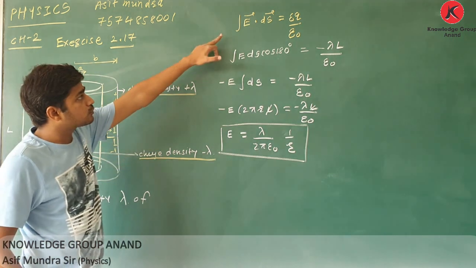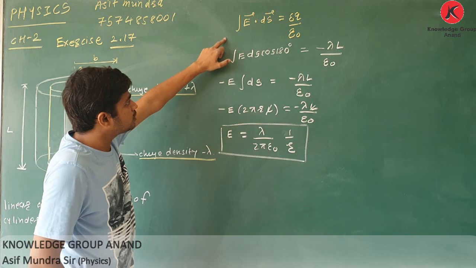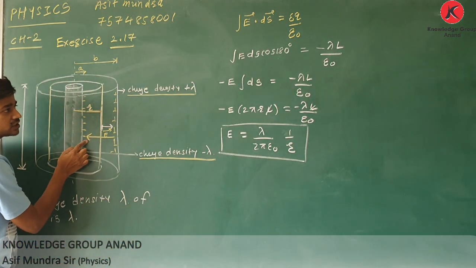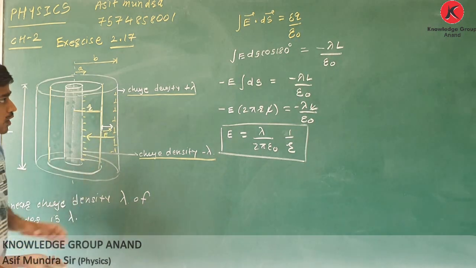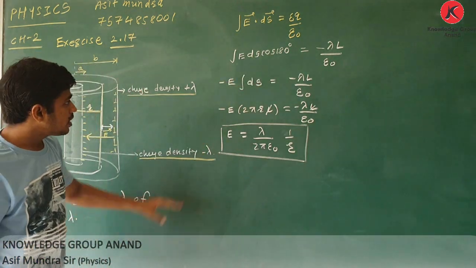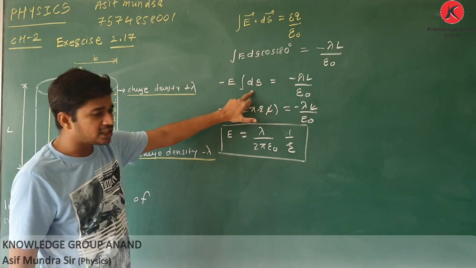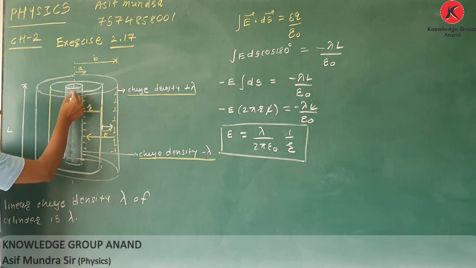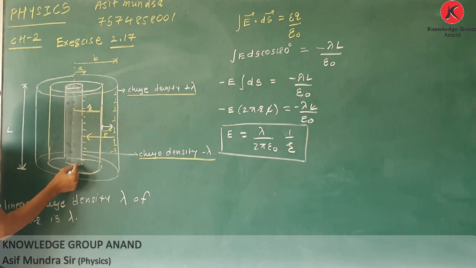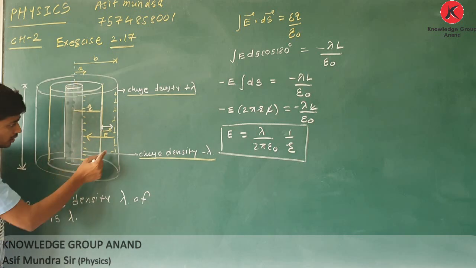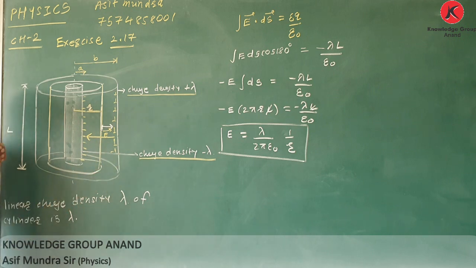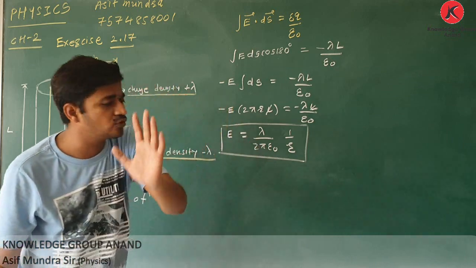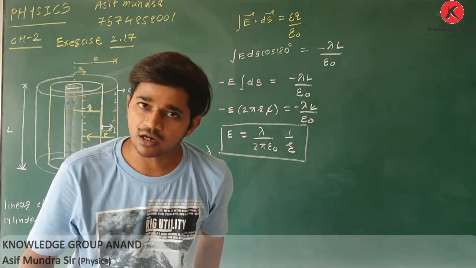Apply Gauss law: integration E dot ds is equal to sigma q upon epsilon 0. The electric field is in this direction, the area vector is outward, so the angle between them is 180 degrees, cos 180 is minus 1, E integration ds is minus lambda L upon epsilon 0. Why minus lambda L? Because we have assumed the charge on this cylinder is minus lambda L, and on the other is plus lambda L. Make E the subject and E is equal to lambda upon 2 pi epsilon 0 times 1 upon r. Clear about this?